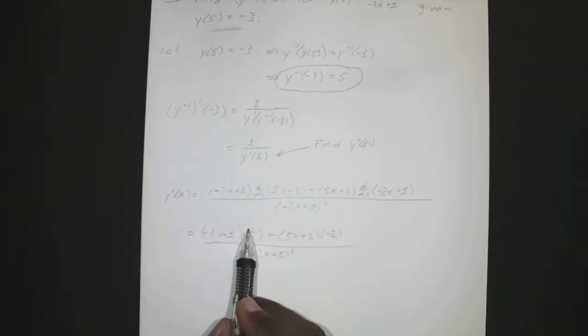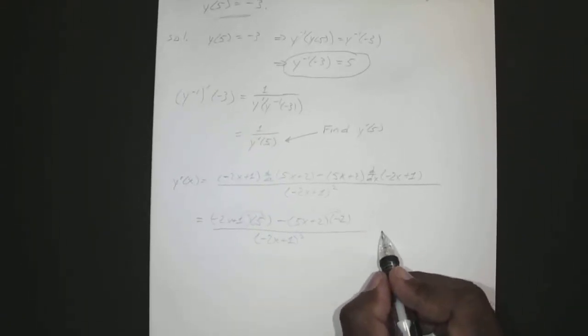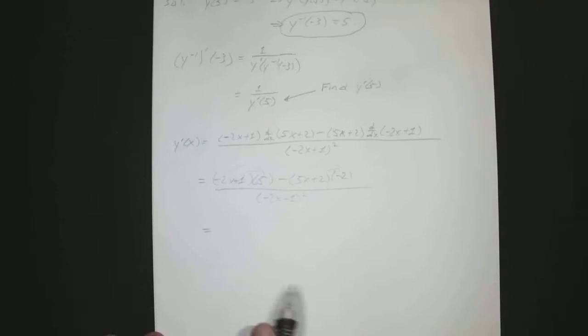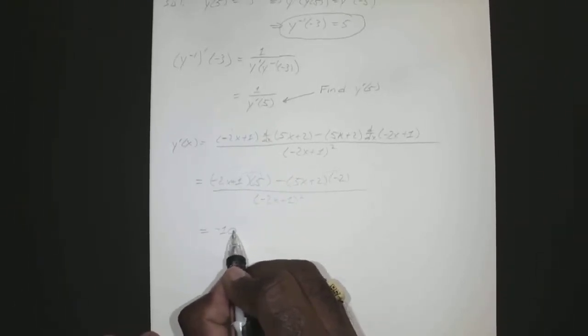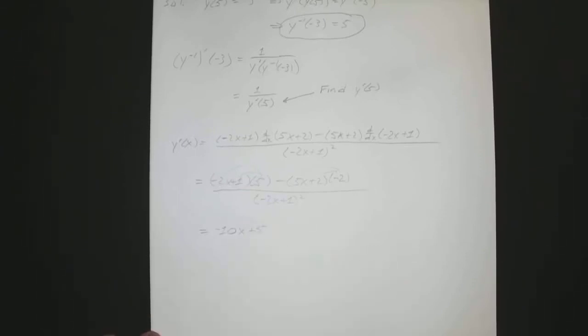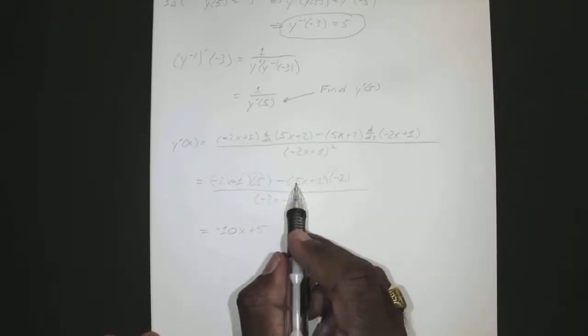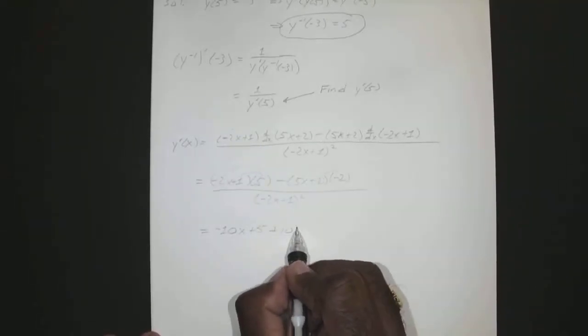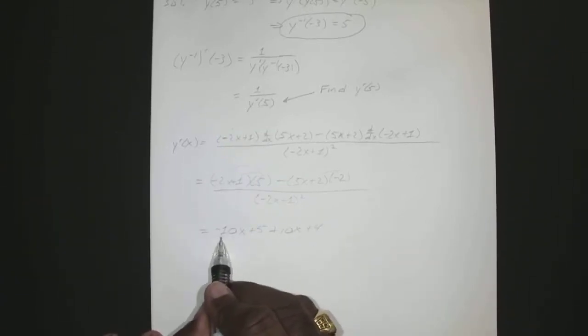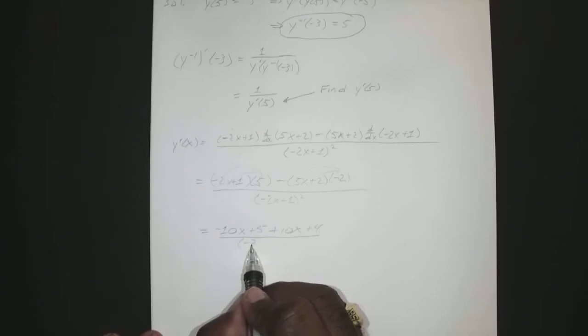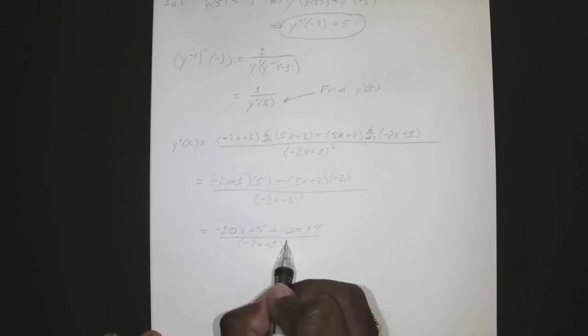This negative and negative makes a positive, so we can go ahead and distribute. That's going to equal negative 10x plus 5, plus 10x plus 4, all over negative 2x plus 1 squared.